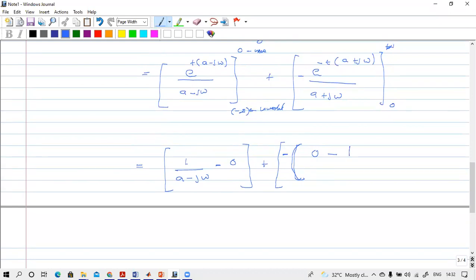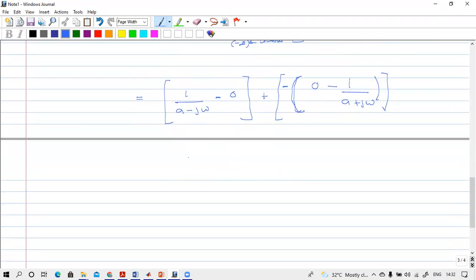So you will get 1 by a plus j omega. Okay, so you will have these two variables. If you simplify it, you will have these two terms, a plus j omega, this minus and minus, you will get plus again. Okay, so you will get a plus value.